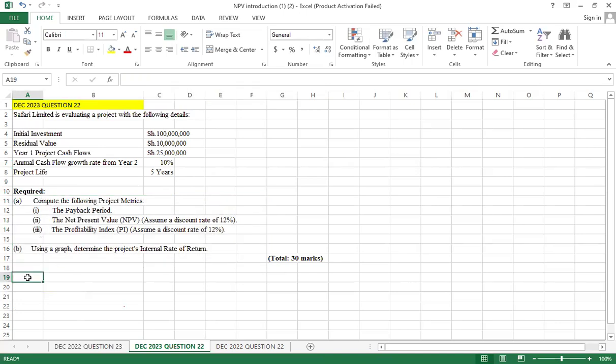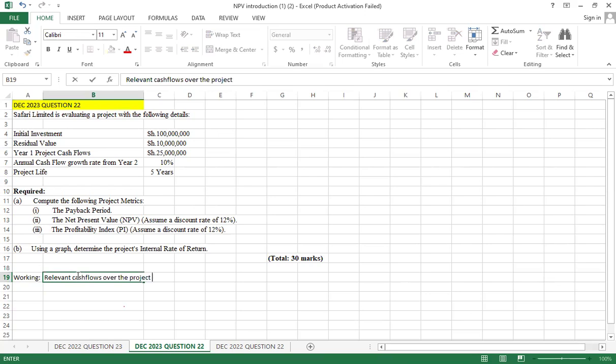So I'll say here that I have a working. This working is what I'll call the relevant cash flows over the project life.